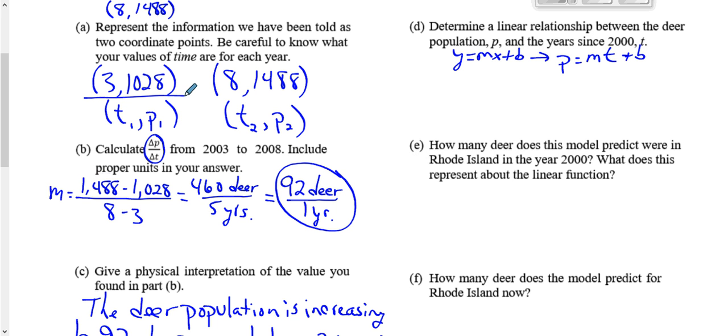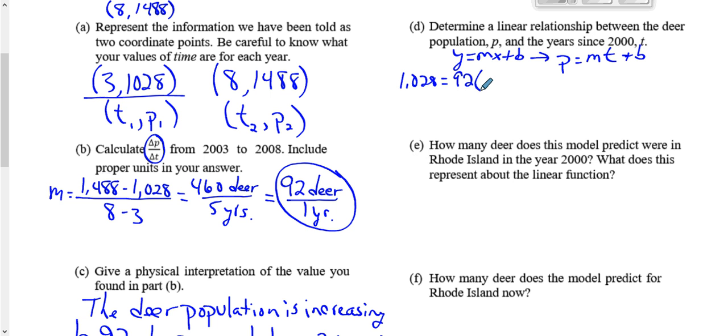1028 equals, what's our M? 92. What's our T from this point? 3.